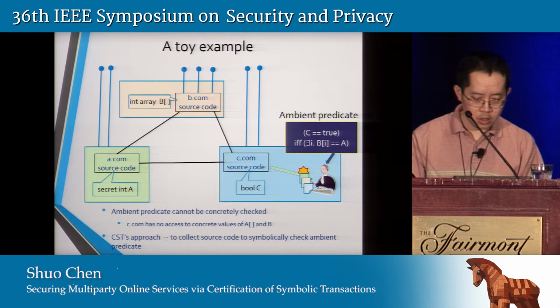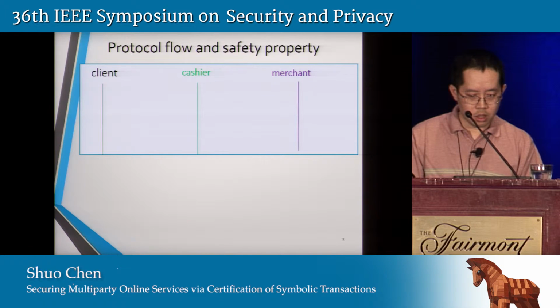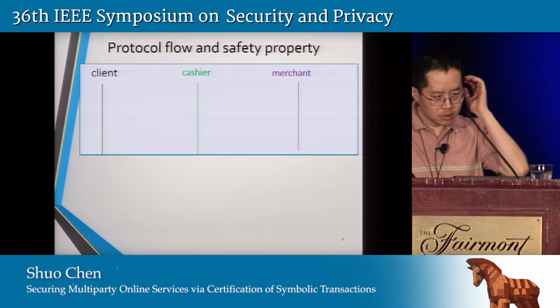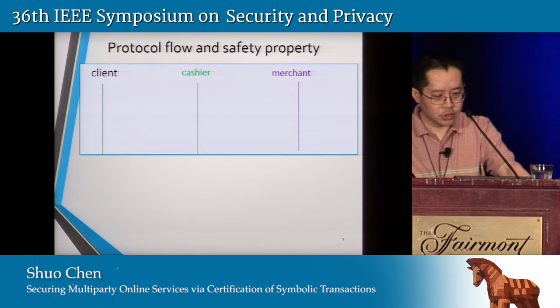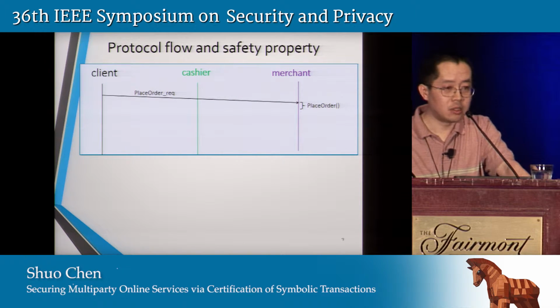I'm going to use third-party payment as a concrete example. In this system, there are three parties: the client, cashier, and merchant. Let's call the first message place order request, which invokes a method on the merchant called place order.